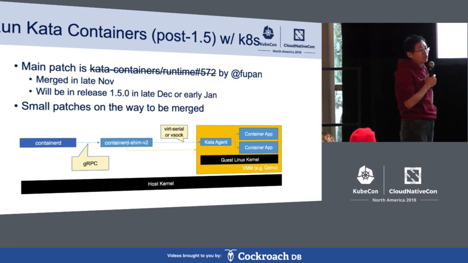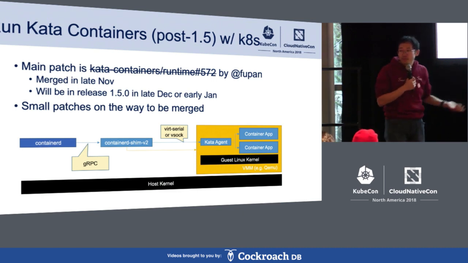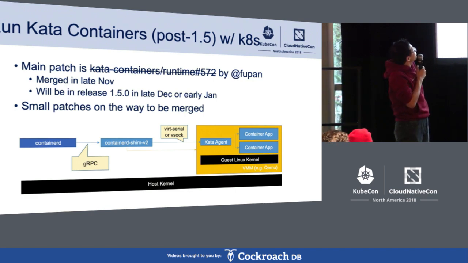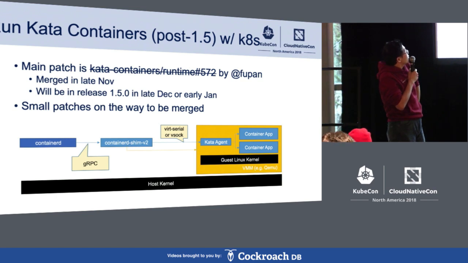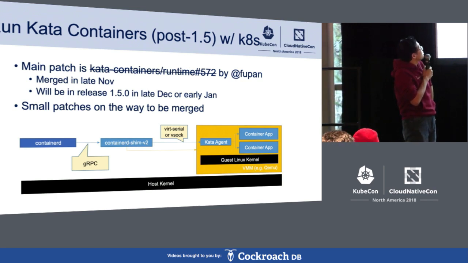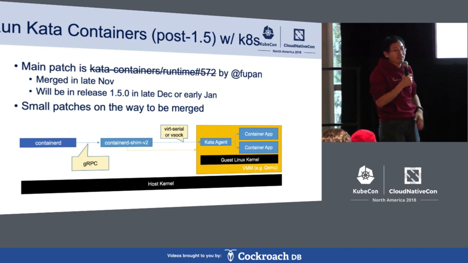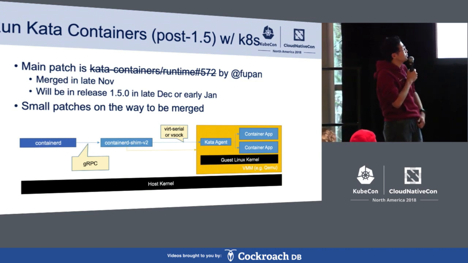We did many reviews and many fixes, including some refactoring of the Kata runtimes, and it's merged and will be released. There are some small patches on the way to be merged, but they're all small fixes, and we will get them merged soon.